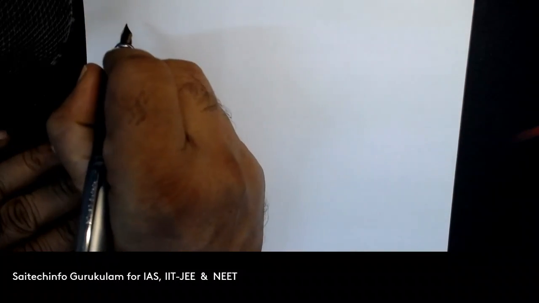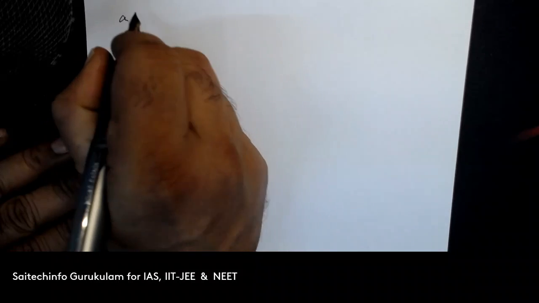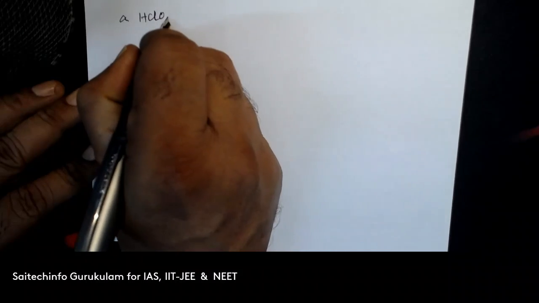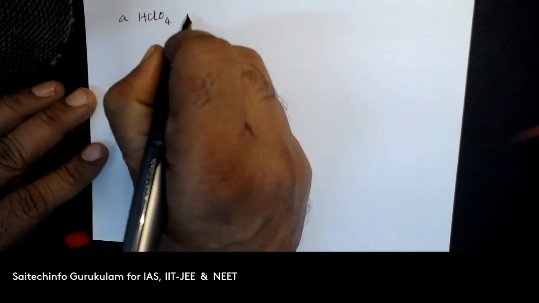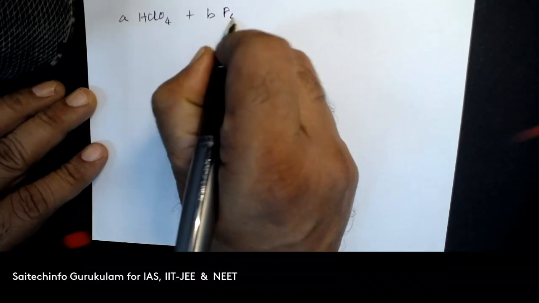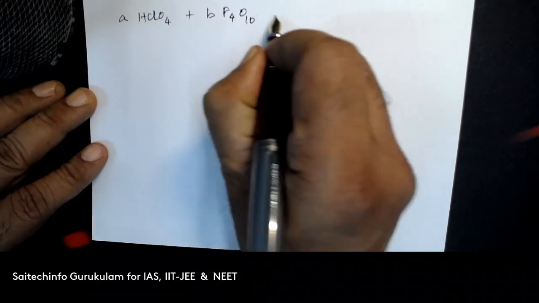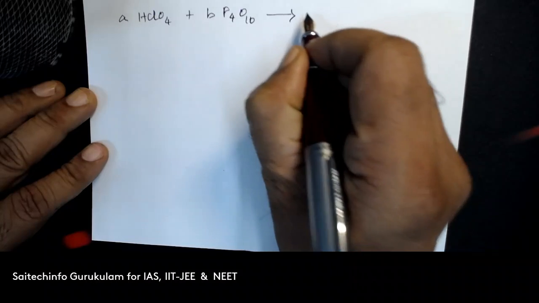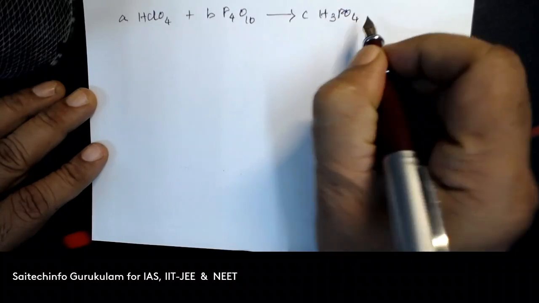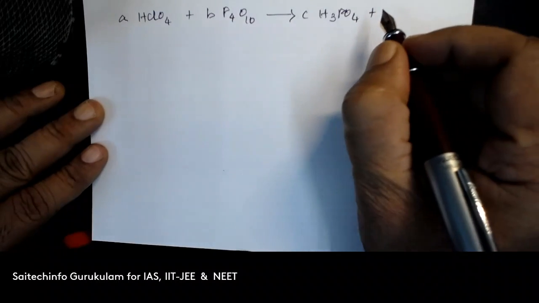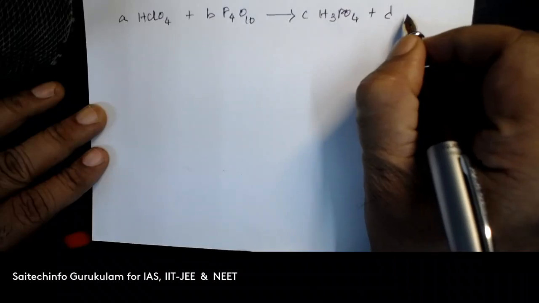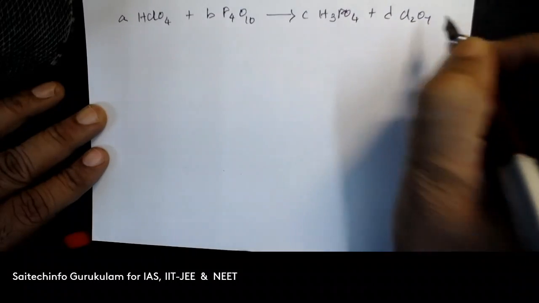Let us consider A moles of HClO4 plus B moles of P4O10 gives C moles of H3PO4 and D moles of Cl2O7.